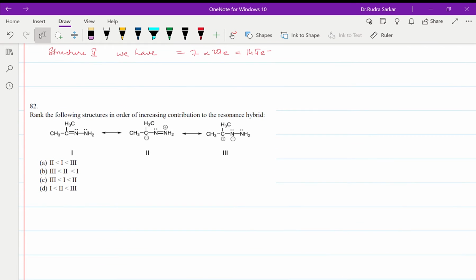Now question number 82, it says rank the following structures in the increasing contribution to the resonance hybrid.